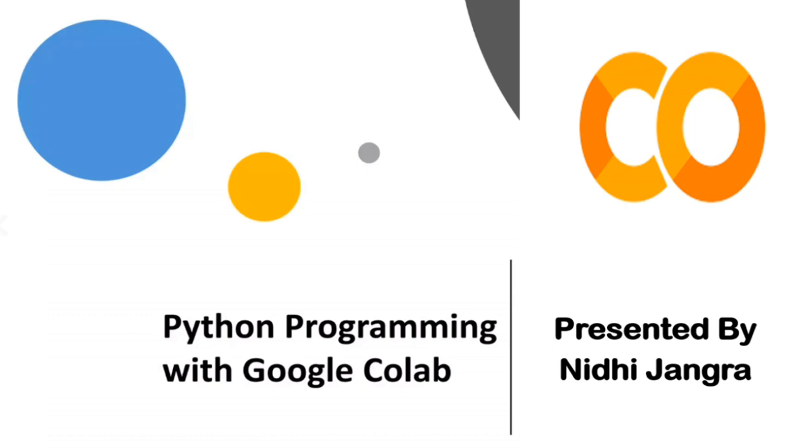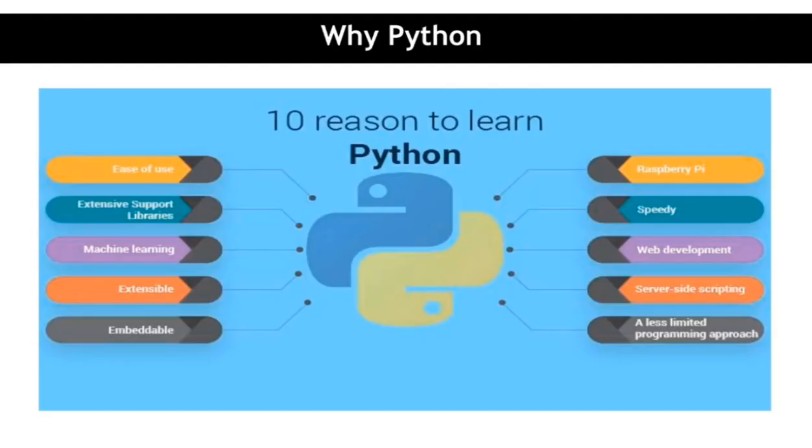Why Python? We have multiple reasons to learn Python. You can see in this slide there are many reasons, like ease of use, support libraries, machine learning, web development and many more. So we can say that Python is an easy and versatile language used in web development, data science, artificial intelligence, automation and many more.